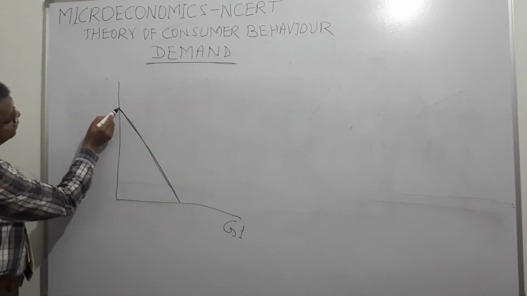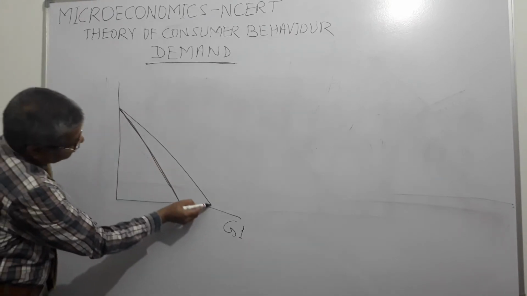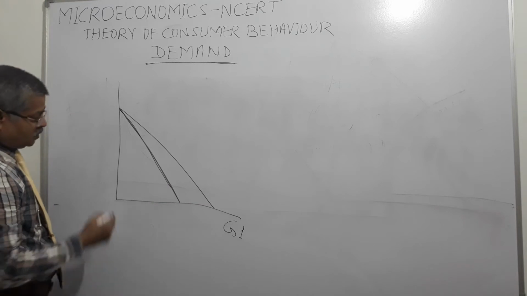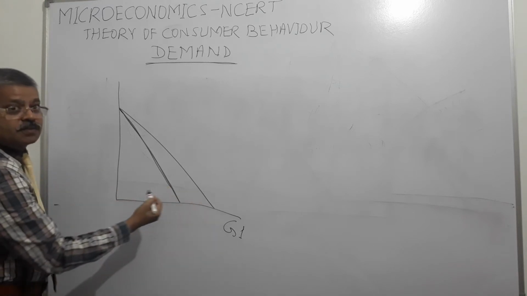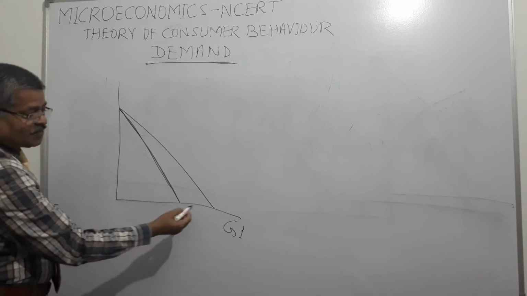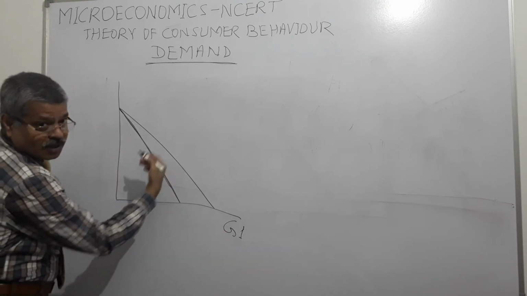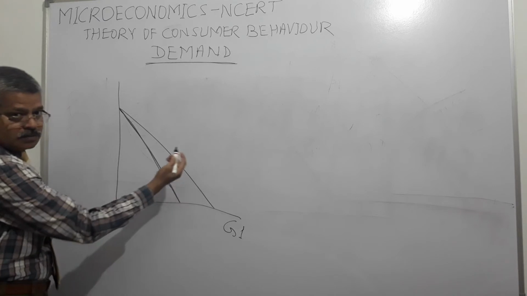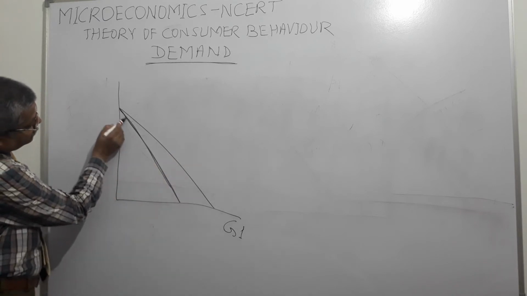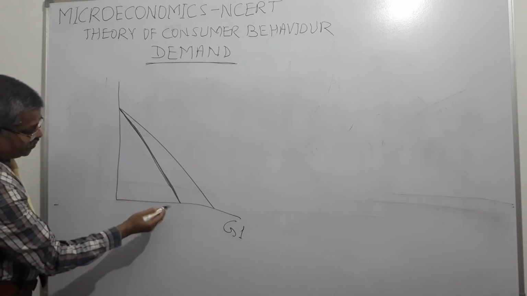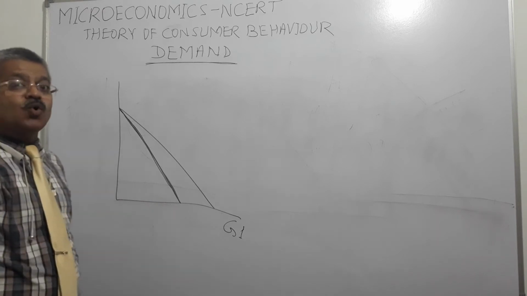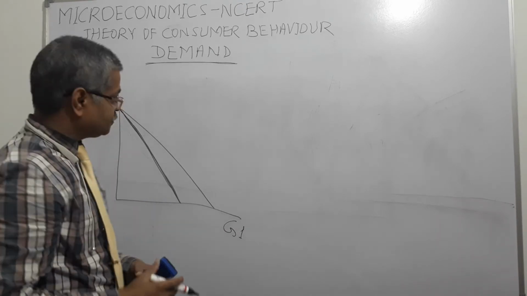Then what happens? The budget line shifts. When the price of good 1 goes down, the budget line shifts to the right, outward. You can say right or outward. The consumer is able to buy more of good 1, right?